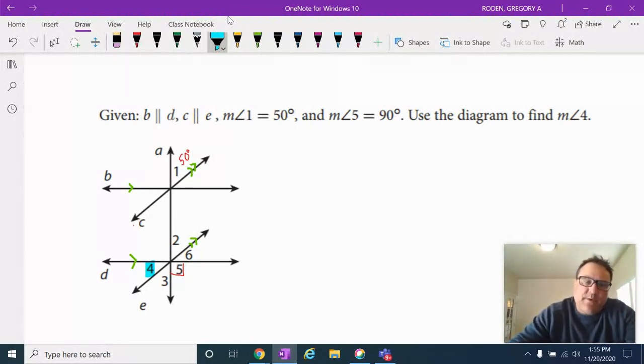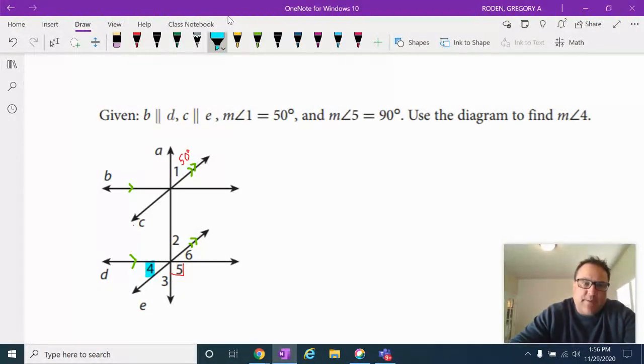Okay, remember back what we've been doing. If I look at angle 1, how are angle 1 and angle 2 related to each other? Well, if we use C and E, and since they're parallel, then angle 1 and angle 2 are congruent because of corresponding angles.